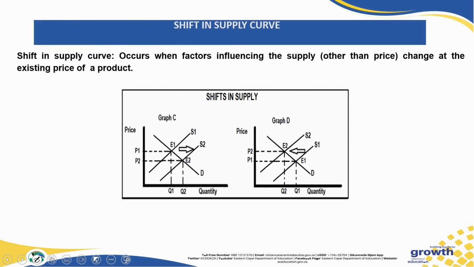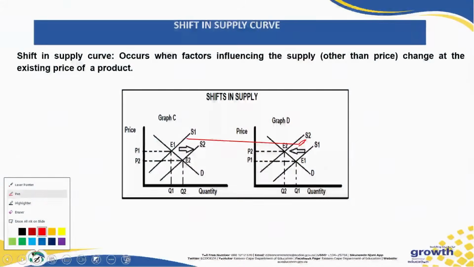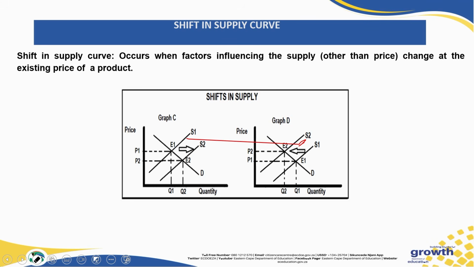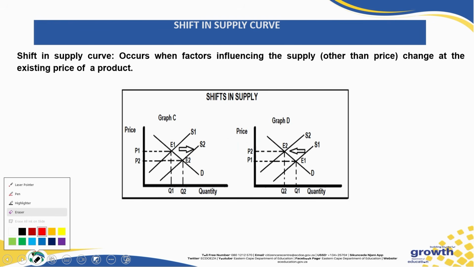It will shift to the right. But if the supply of the product decreases, the supply curve will shift to the left. These are our examples. These graphs show those examples. So that is the shift in supply curve.